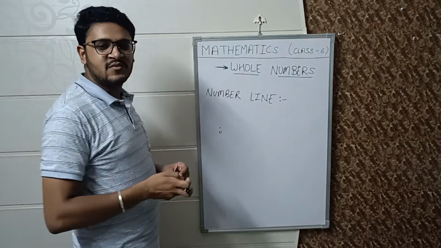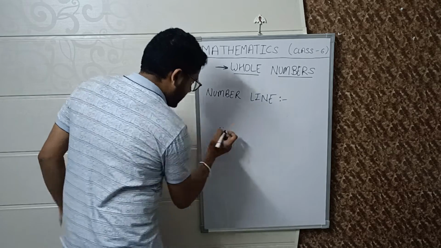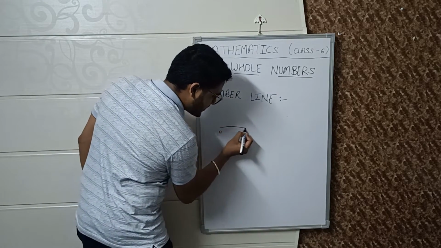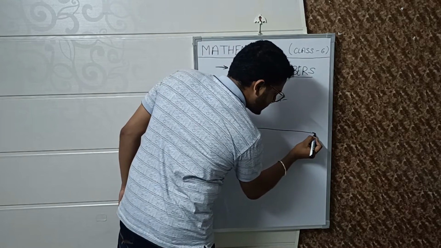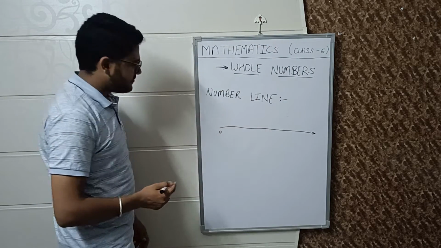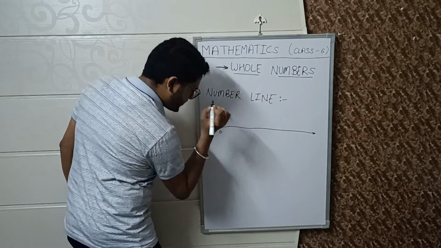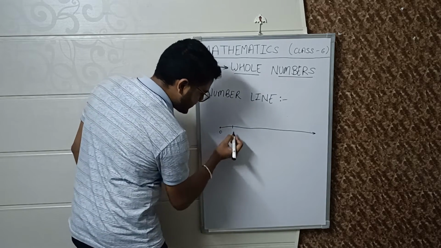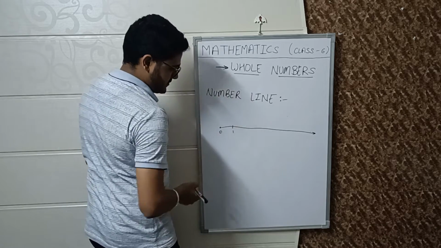Whole numbers start from 0, right? Start from 0 and draw the line towards your right. After this point, at a particular distance, mark a point and give it a 1.